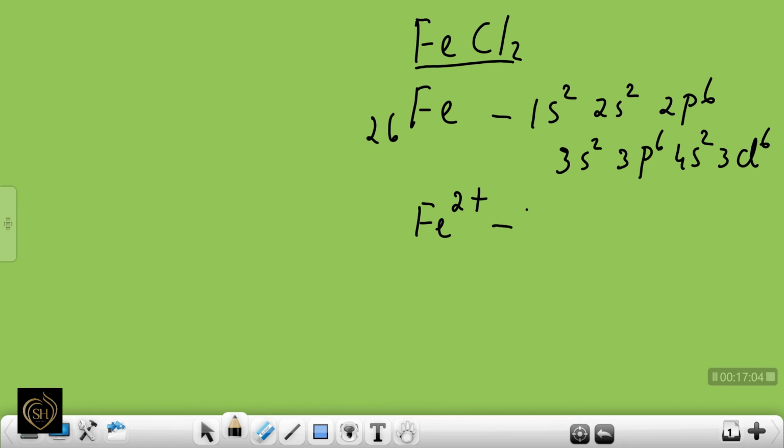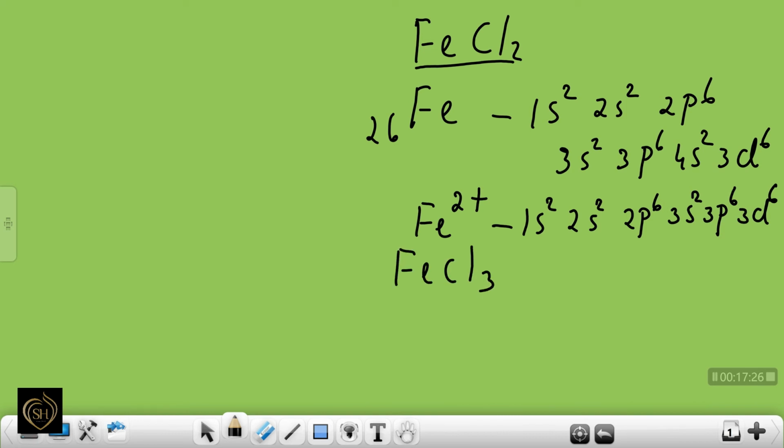So first they lose electrons from the 4s subshell, not 3d, because 4s is the outermost. So they lose 2 electrons. So the electronic configuration of Fe2 plus is 1s2, 2s2, 2p6, 3s2, 3p6, 3d6. In FeCl3, the oxidation state is 3 plus.